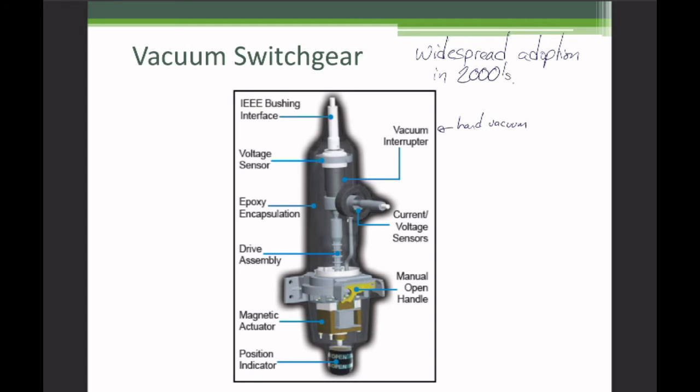There is nothing inside here. And so because there is nothing inside, when those contacts separate, there's nothing to ionize and there's nothing to break down to form an arc out of. So you can't form an arc where you don't have anything to ionize.